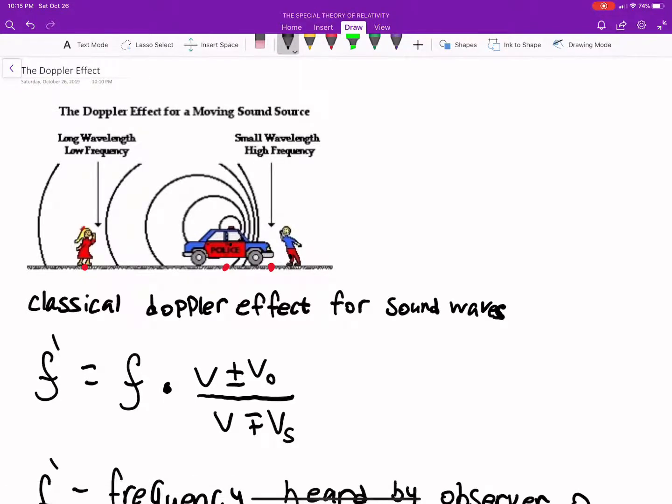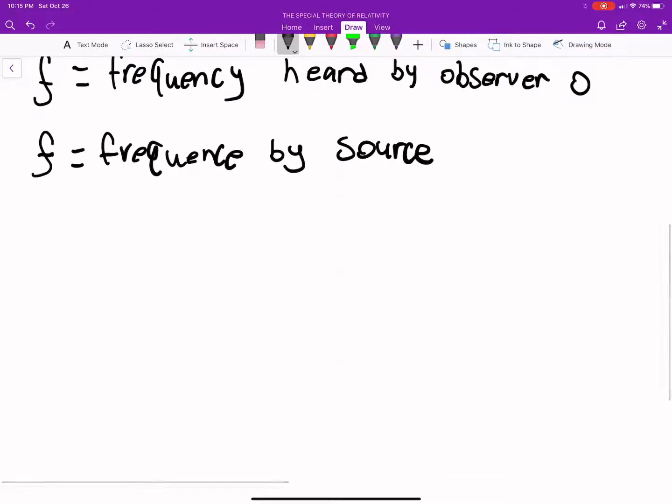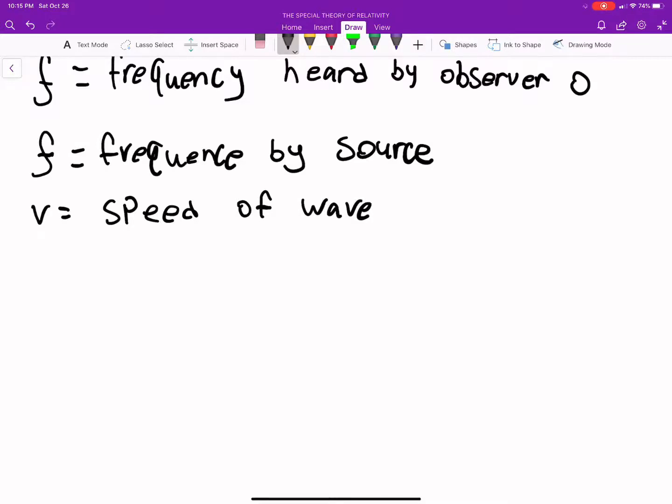This could be your F or source. V equals the speed of the wave through that medium. So speed of wave through that medium. Maybe it's air, maybe it's water, whatever it might be, usually air.